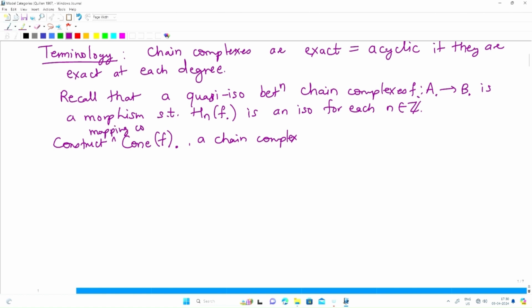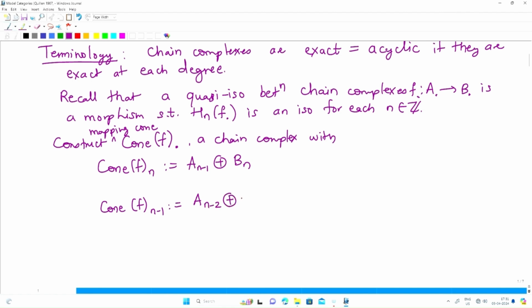This is called a mapping cone in topology. It's a chain complex with cone F, nth entry, it is just going to be A n minus 1 direct sum Bn. And if you have cone F n minus 1, then it will be A n minus 2 direct sum B n minus 1.